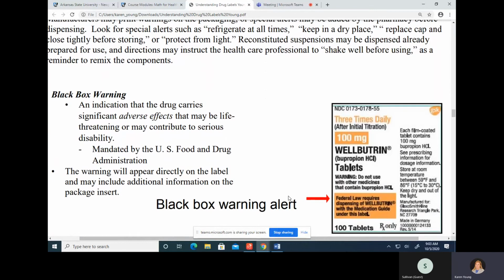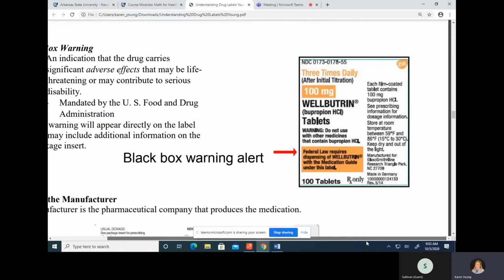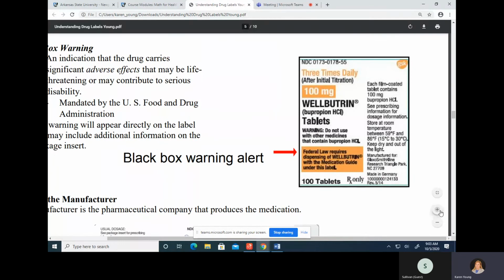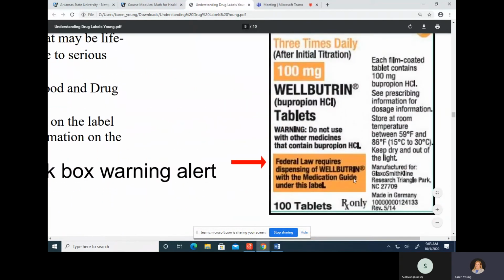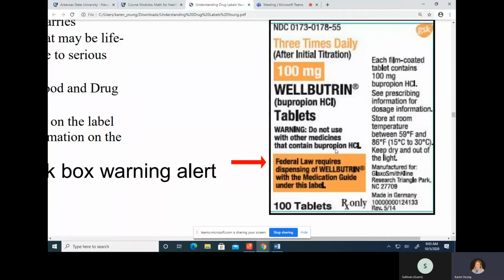And then you have your black box warning. And it's not always a black box, okay? Wellbutrin has a black box warning. Of course, warning, do not use with other medicines that contain bupropion. That's not ibuprofen, it's bupropion, which is the generic name of this.